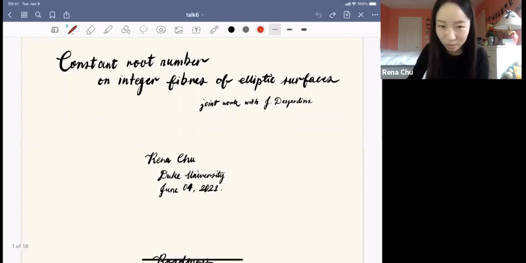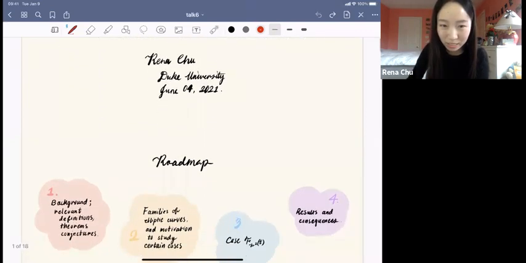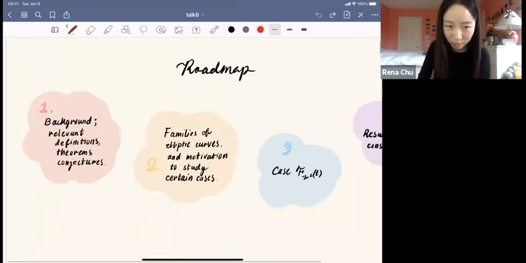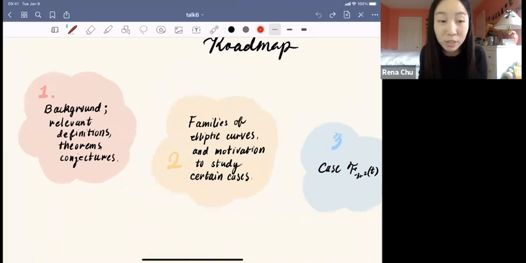So here's a roadmap for today's talk. First, we will go through some background information, relevant definitions and theorems, and talk about some questions and conjectures. And then we will move on to the main object of study, which is families of elliptic curves.